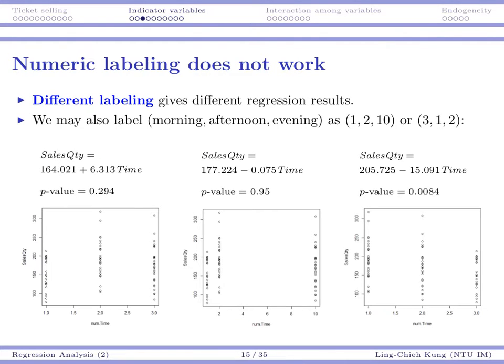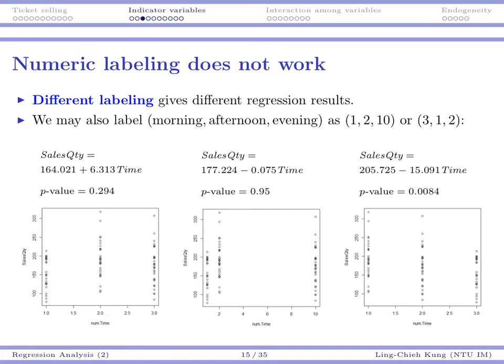The answer is that if we choose different labeling, we will actually get different regression results. Previously, we labeled them as 1, 2, 3, but no one says we should do that, right? We may actually label them as 1, 2, 10 or 3, 1, 2. There is no rule for us to decide how to label the three values.